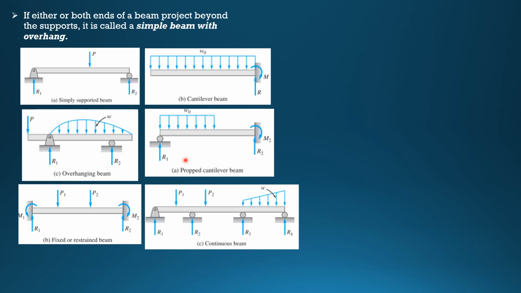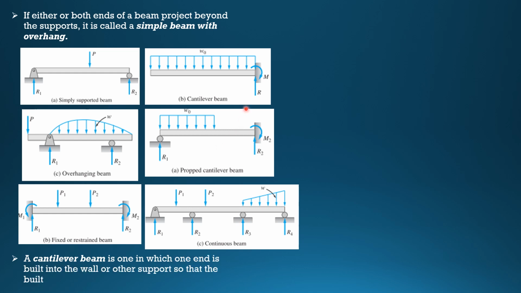A cantilever beam is one in which one end is built into the wall or other support so that the built-in end cannot move transversely, horizontally, vertically, or rotate. So this is a cantilever beam.